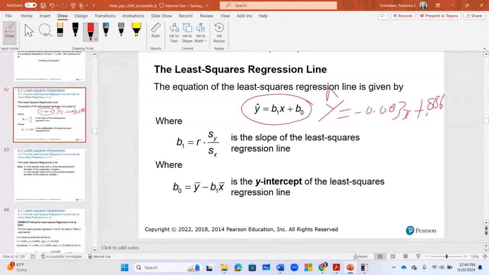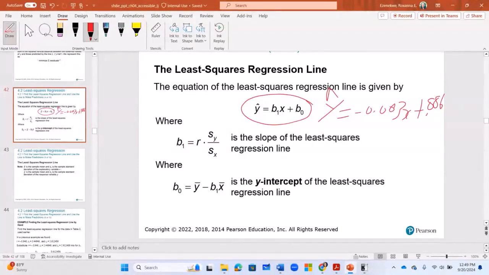Therefore, the equation of the regression line, or the equation of the line of best fit, or the least square regression line, they are all the same thing.